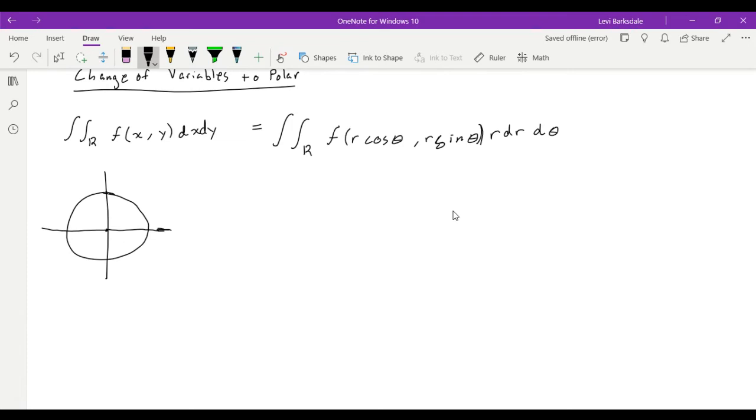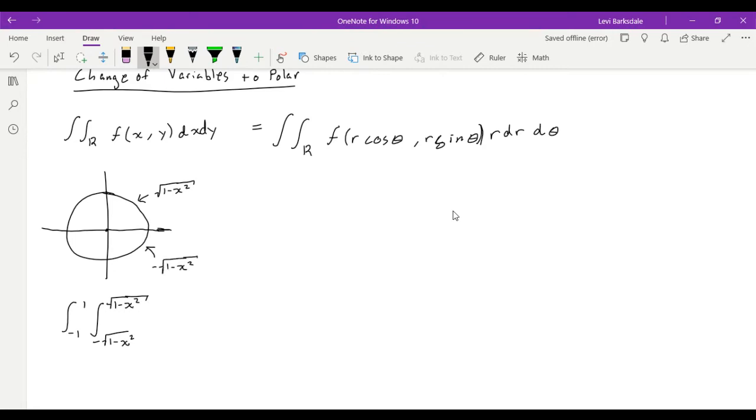We could describe it as the integral from -1 to +1, and the integral from negative square root 1 minus x squared to positive square root 1 minus x squared, where the y values on the top half would be root 1 minus x squared, and on the bottom half it would be negative root 1 minus x squared.